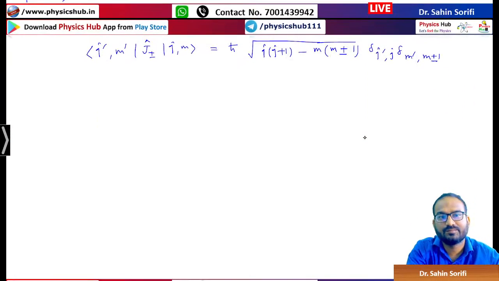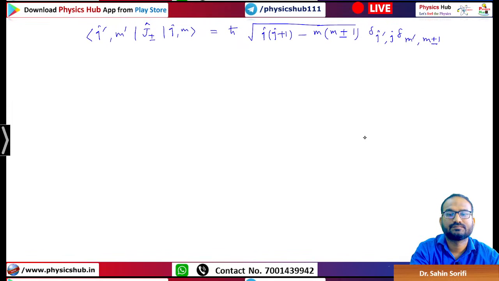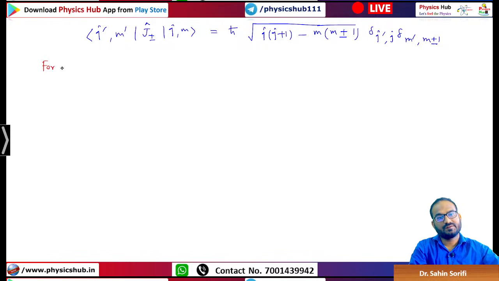Let's take an example. We are considering the case, let's say, J equals 1. Sometimes this case is given in your examination.